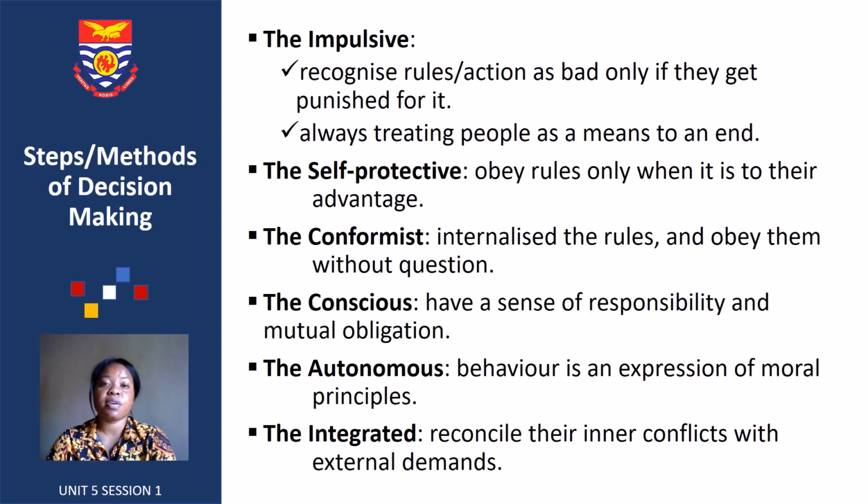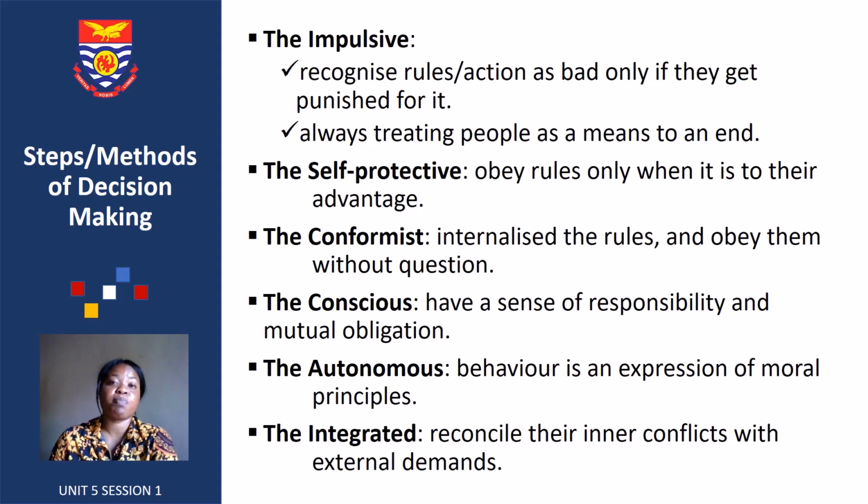Steps or methods of decision making. The impulsive decision maker. Here, the people that are impulsive in decision making only recognize something as rules or something as bad only if they get punished for it. So if someone is doing something and you don't punish the person, even if it is unethical, the person thinks it is the right thing.